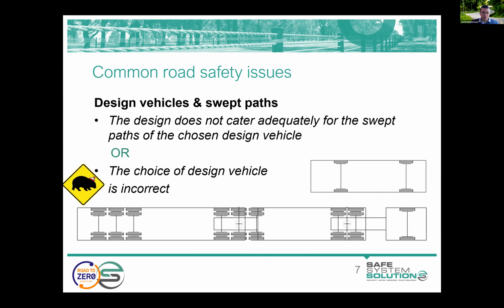Now, Ken tells me that you're a very knowledgeable audience. I'm not sure if I need to explain what a design vehicle is, or a checking vehicle, but perhaps I briefly will. The design vehicle is the largest vehicle, typically a truck of some description, that you would expect to use that piece of road or intersection on a regular basis.